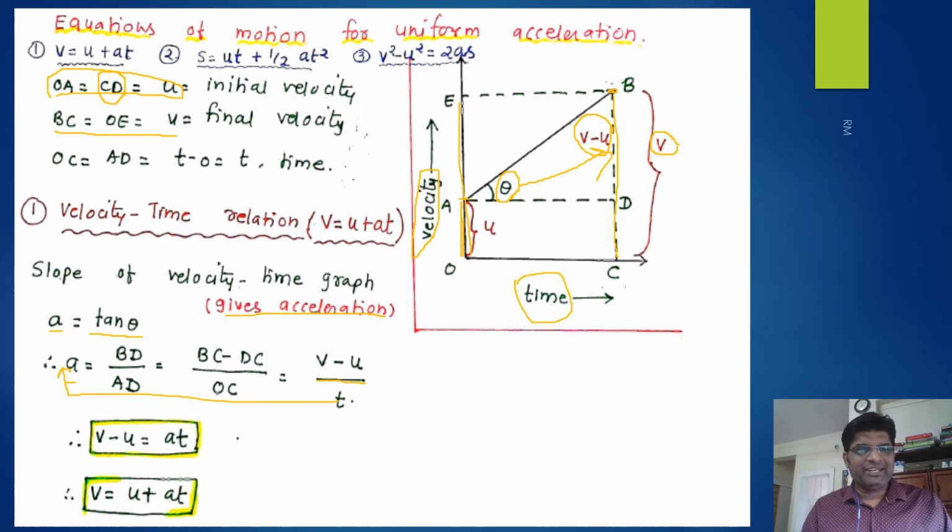That's it. That is your first equation of velocity time relation. The only thing you need to remember is that you took the slope of the velocity versus time graph, because the slope of the velocity versus time graph gives you the acceleration. Got it?